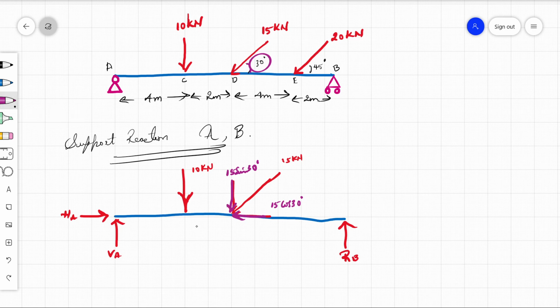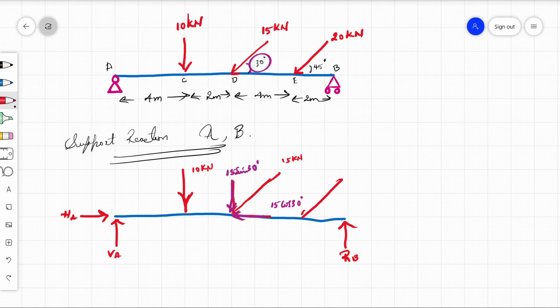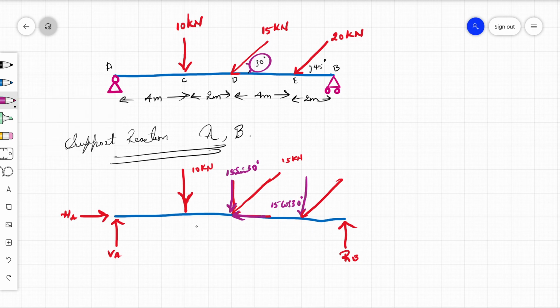The same with the last load, which is inclined. We don't do analysis along the incline; we do analysis in terms of either horizontal or vertical, right? So again we divide this into one vertical component and one horizontal component.